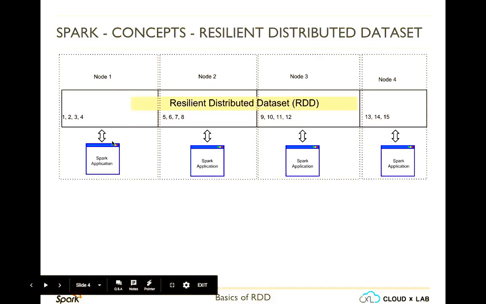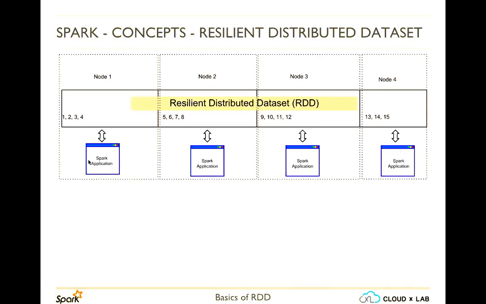That program, that logic, will be run here. That Spark application is nothing but your application running inside over here, and it will be executed against this particular data. This Spark application would see this data. We will learn how to structure our logic so that it can be a valid Spark application.